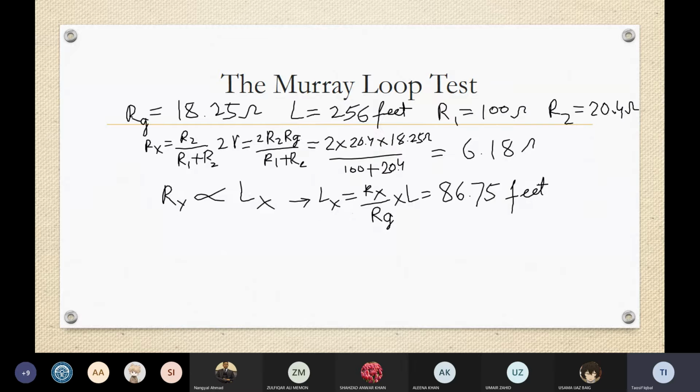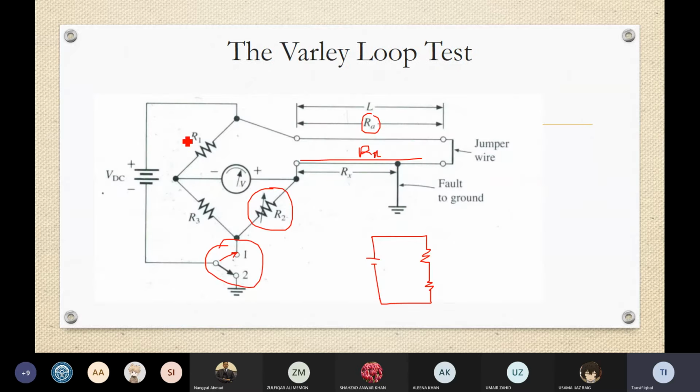But in the case of the Varley loop test, we don't need R1 and R3 to be variable, and in this case we have a third resistance R2 which is variable, and this R2 is going to be in ratio with the 2RA.